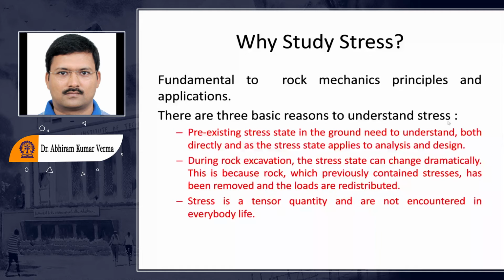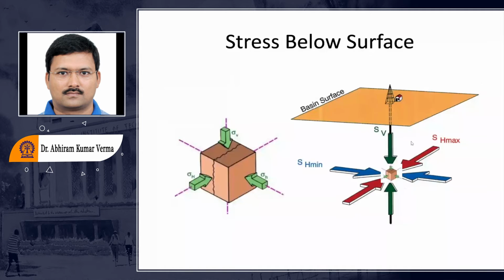It will be more clear if I show you some more slides. Like you see this figure. If I'm talking about the surface of the earth, and you go below the surface, and you have a very small cube, like a dot, with faces parallel to each other like this.